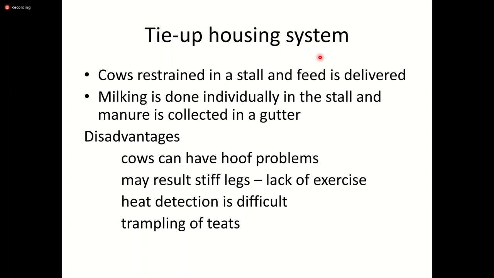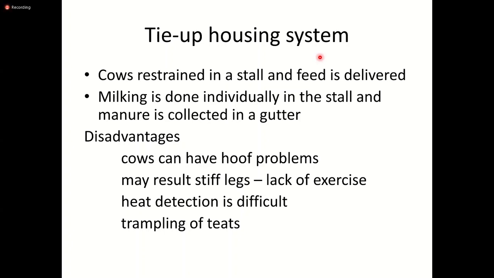One is called tie-up. Tie-up means basically cows are kept inside a particular housing system or a store or a pen, right? All the feed and water is provided to the places where they are living, right?